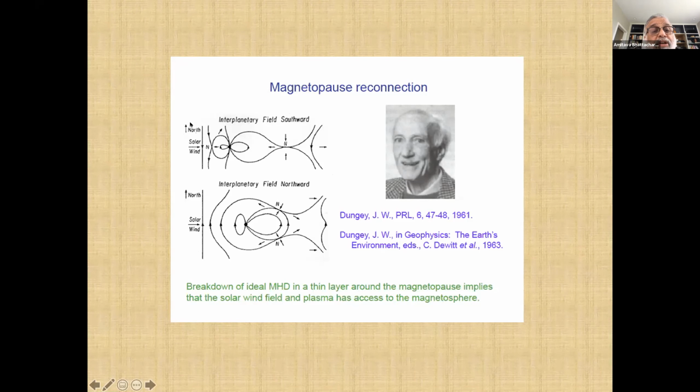Here are two configurations I want to show you of the Earth's magnetosphere. One is the solar wind, which has the interplanetary magnetic field, here with the interplanetary field southward, and then there is a case when the interplanetary field is northward.